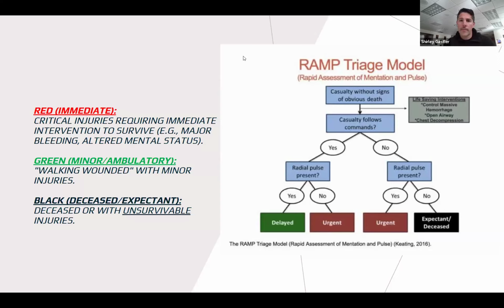When it really came down to it, we went with the RAMP triage model because that gave people the ability to say yay or nay. So it's relatively simple. Can they follow commands and do they have a radial pulse? Those are really your two major questions.